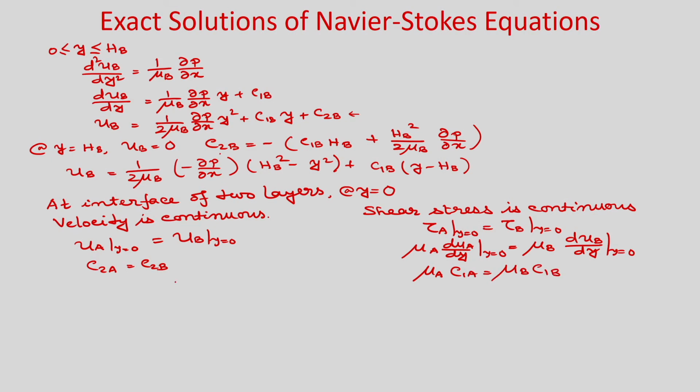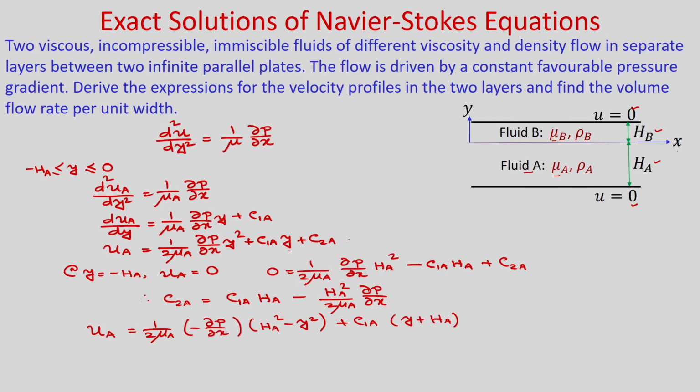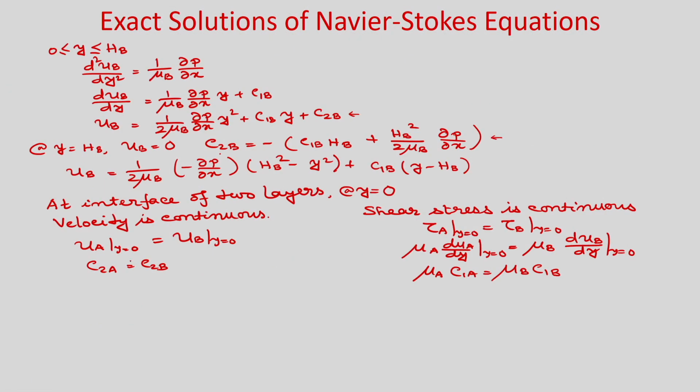So, we have already this expression of C 2 a and C 2 b. So, you can see this is the expression of C 2 a, okay, and C 2 b we have this. So, you can equate it here.